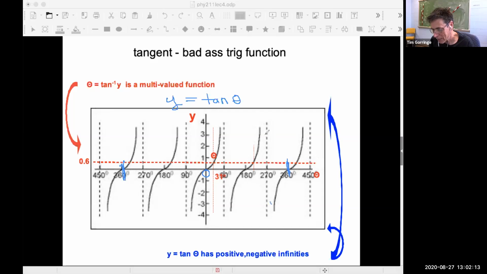And this pattern keeps repeating. And that's the tan function. But it's naughty, or can be tricky, in two ways. Firstly, tan has positive and negative infinities in it.